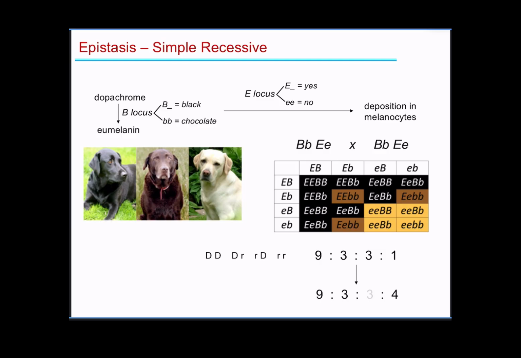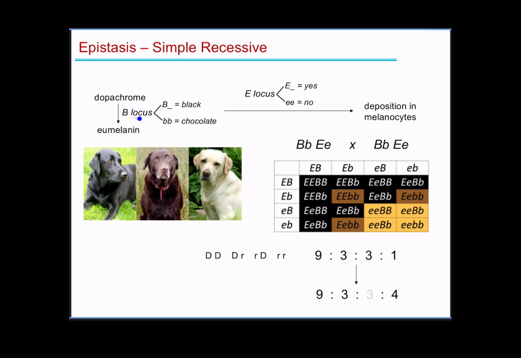So the classical textbook example that is everywhere is fur color in Labrador dogs. It turns out that there is a locus that we call the B locus that codes for an enzyme that can turn dopachrome, which is a chocolate color pigment, into eumelanin, which is a much darker black pigment.